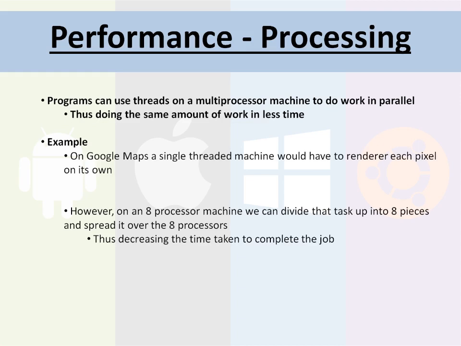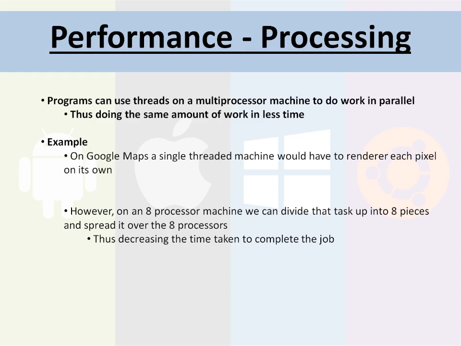So another example of this is, well, once again, Google Maps. On Google Maps, a single-threaded machine would have to render each pixel on its own and do this for the entire screen. However, on an 8-processor machine, we can divide that task up into 8 pieces and spread it over the 8 processors. So if you think of an HD screen, which is 1920 by 1080, that's a lot of pixels to do one at a time.